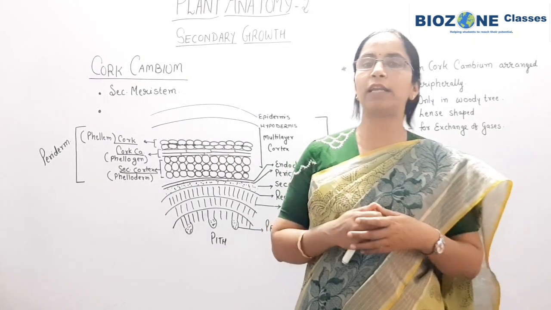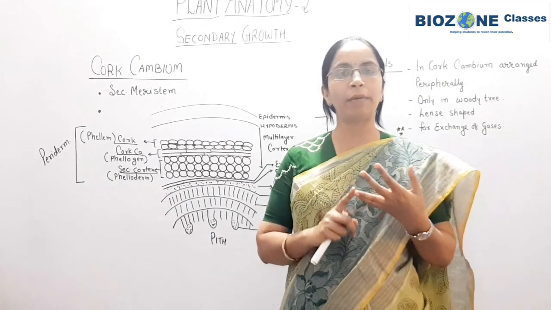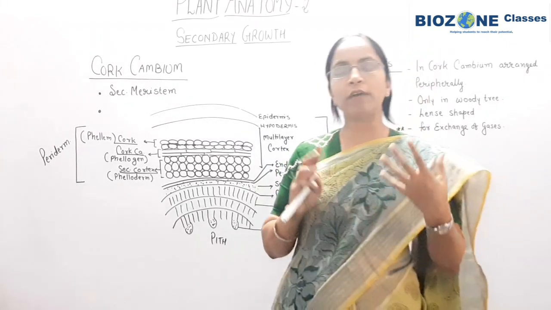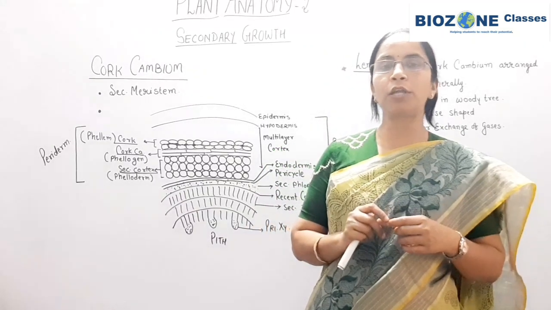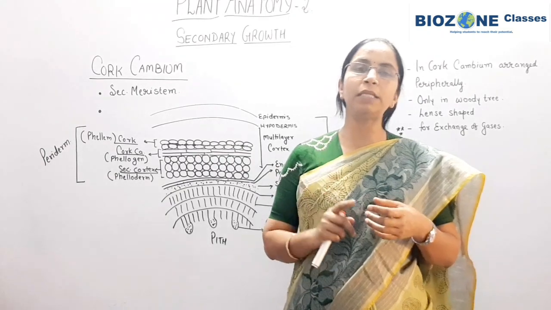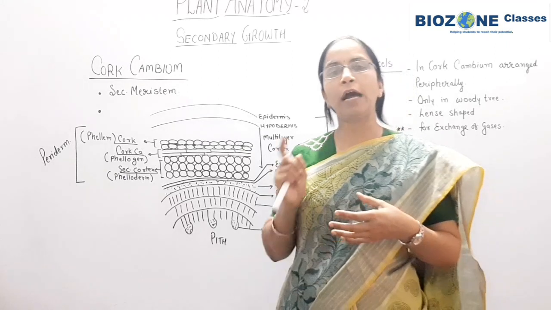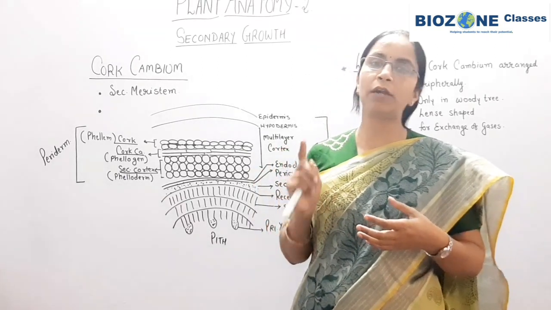Cambium is always absent in the primary root, because the primary root shows radial vascular bundles. So whenever a cambium ring develops at the time of secondary growth in root, remember it is secondary in origin. That means it develops from some of the cells of the pericycle, and that cambium only develops at the time of secondary growth.